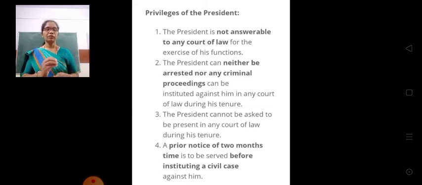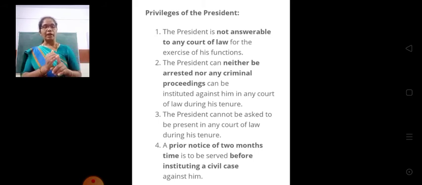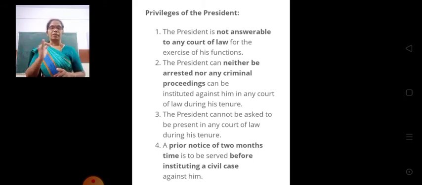He also appoints the governors of the states, and the judges of the Supreme Court and High Court. All these high officials are appointed by the president.